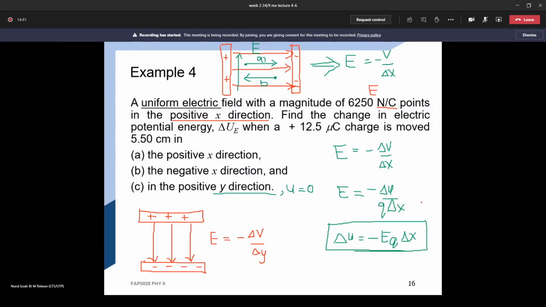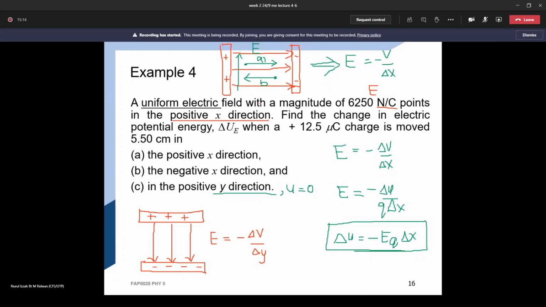Like I said to you previously, since the previous semester, sometimes the question might not give you a figure, so it's always your job to sketch according to what the question gives you and work from there. In this example 4, it refers to this one where the electric field is going to the right, and you will only have a potential difference if the charge is moving horizontally, either to the right or to the left.